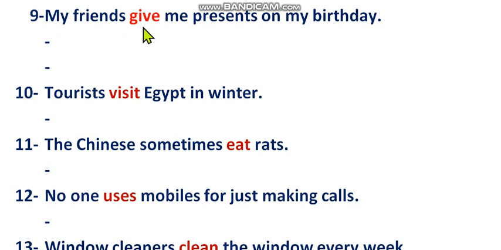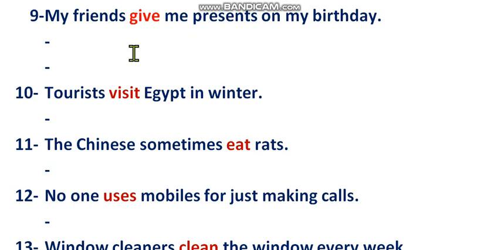My friends give me presents on my birthday. Well, here we can see that we have two objects. This one, which is me, and presents that I get on my birthday. So we could have two answers.